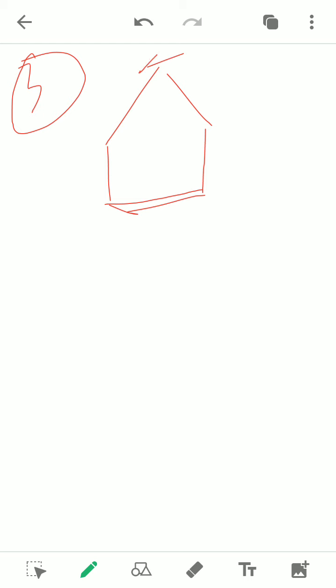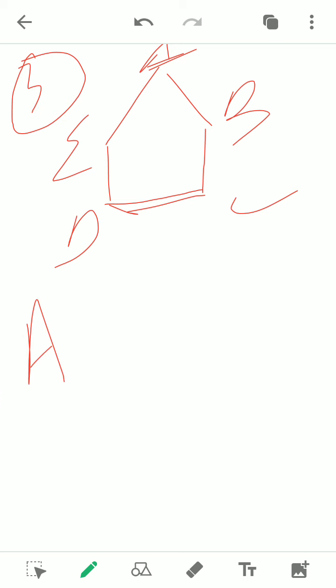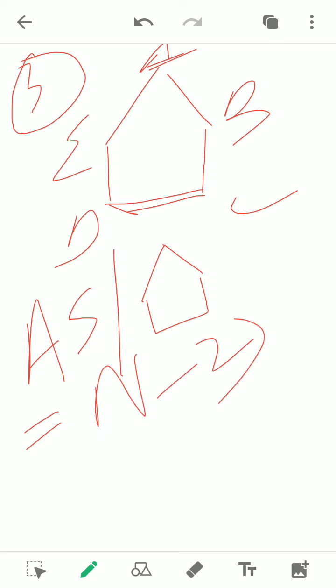This is vertex A, B, C, D, and E. It means that this is angle A, angle B, angle C, angle D, angle E. What is the total sum of all these 5 angles? It will be equal to the angle sum property of this pentagon. The total sum of the interior angles of this pentagon is always equal to n minus 2 into 180 degrees.